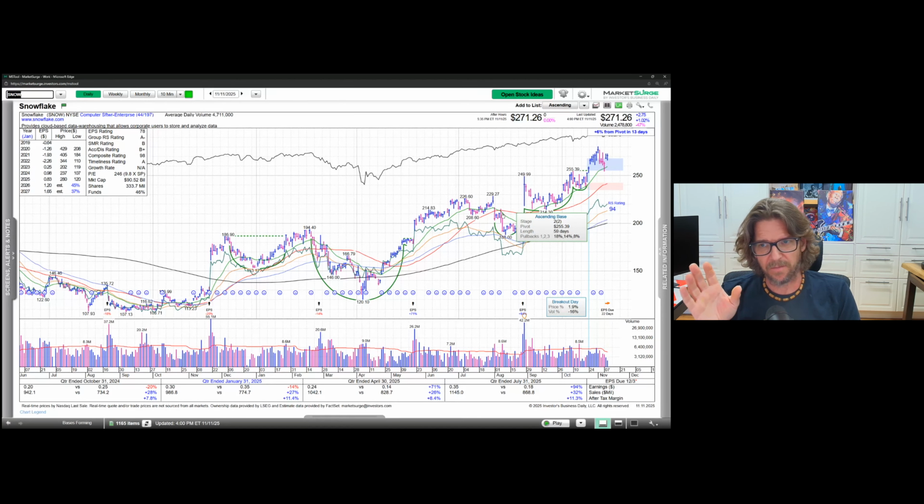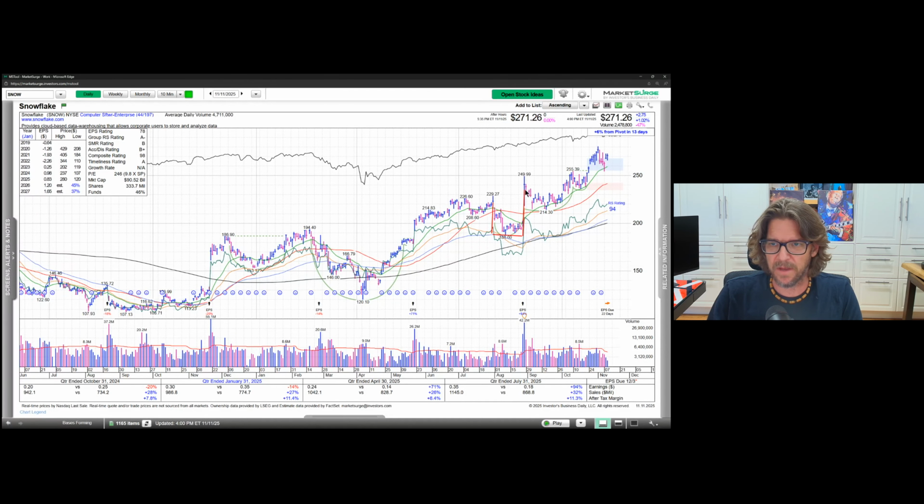Not always, but as a general rule. It doesn't mean that the first one was 18, so the second one has to be 18, but 18 and 14, pretty similar, and then 8. That's very normal. And this is your pullback 1.